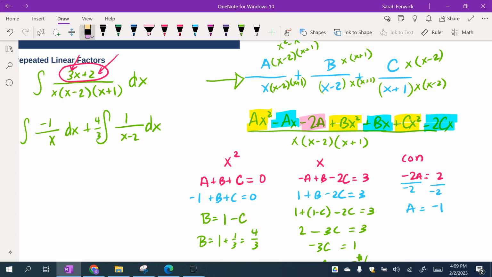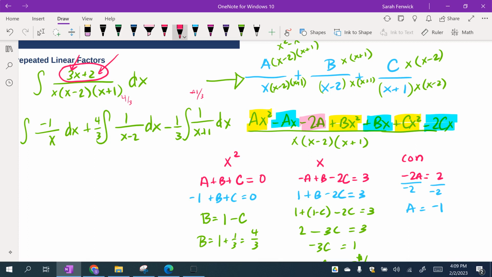Sorry. Minus 1/3 integral of 1 over x plus 1 dx. So I could have put my 4/3 up top here and my negative 1/3 up top here, but I was just going to have to pull them out anyway, so let's go ahead and pull them out.